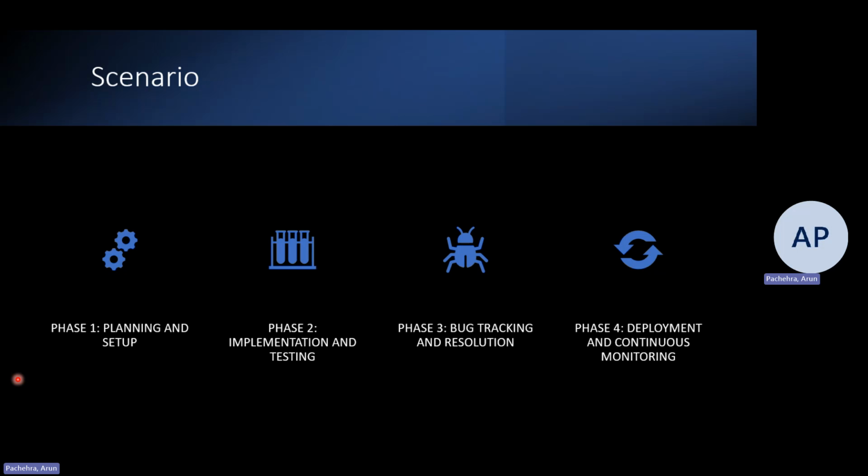Then phase three: issues found during testing are logged as bugs in Azure Boards directly from the test cases in Azure DevOps Test Plans. This ensures that every bug is traceable back to its test case. Then what else can we do? We can also put bug fixing and regression testing under bug tracking and resolution.